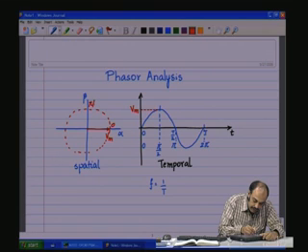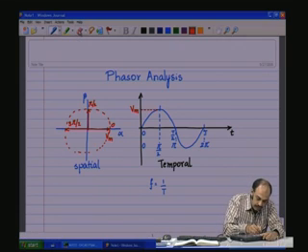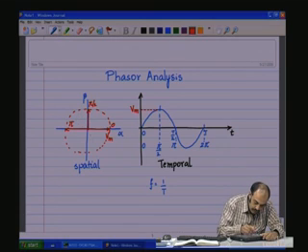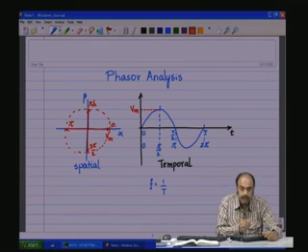So, there would be a pi by 2 if the vector was at this point, then it is pi, and then a vector at this point which is 3 pi by 2, and then you have 2 pi.